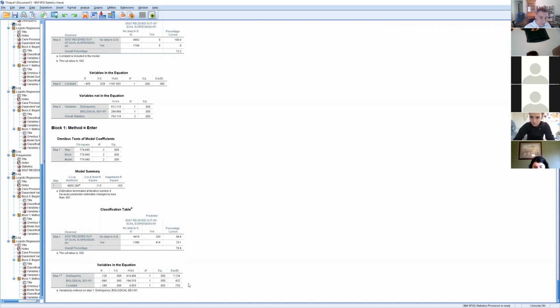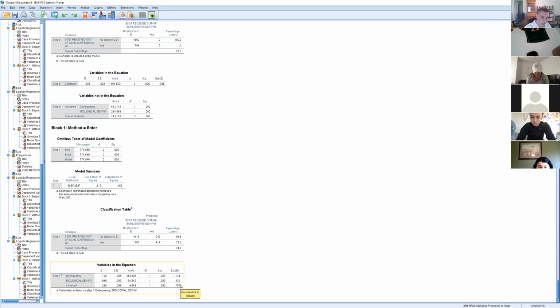Okay, so you don't have to do that. The constant, we should maybe mention here. The constant is involved in your formula for predicted probability, which we'll do in a moment. But it's saying that when delinquency and biological sex are taken into account, the overall odds of being suspended are less than 1.